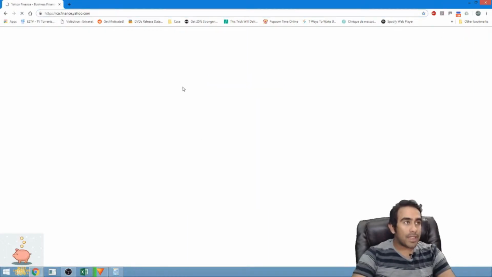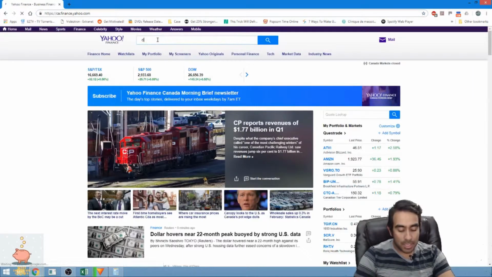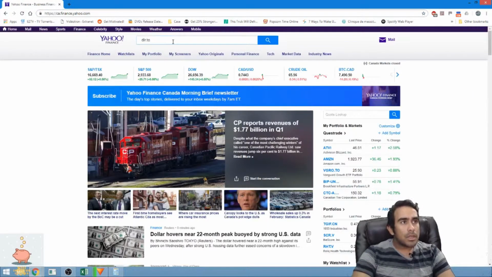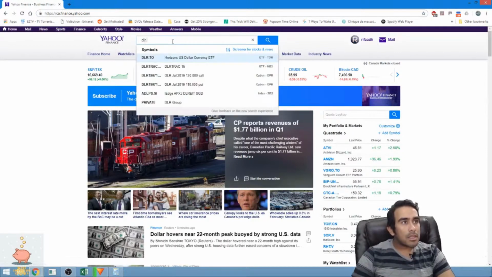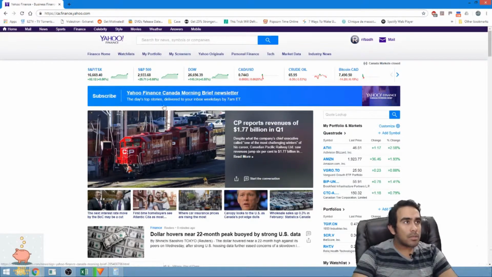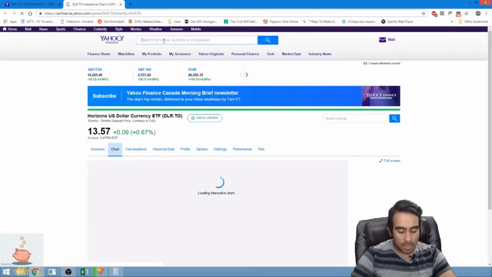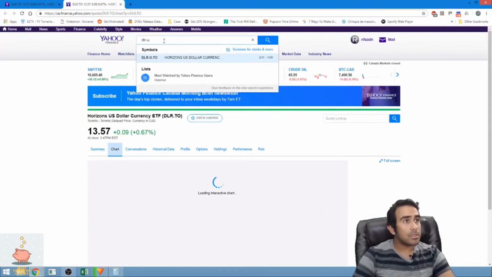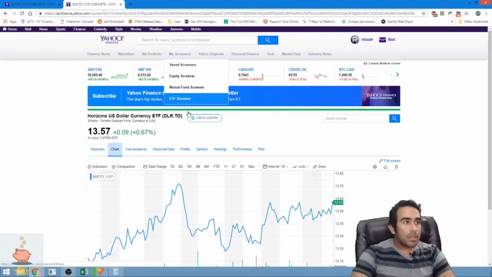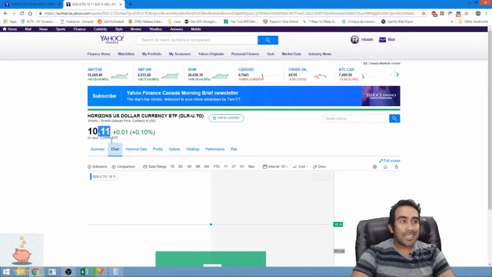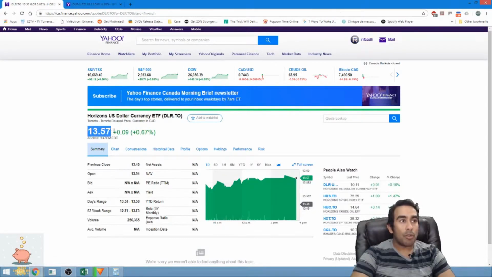If you go into Yahoo Finance, you can look up dlr.to. Let's go there, one second. Yeah, there we go. And afterwards, let's bring up dlr-u.to. So you can see now it's at $10.11. So that means you need to spend this much.